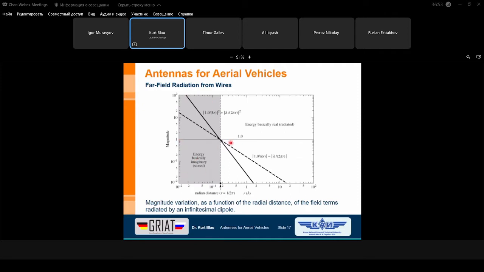This is the gray part, and the white part is more or less identical with the far field behavior. You can see here it's only this part of the formula which is coupled with the distance r. Here we have it squared, and here it's linear. This is the difference in the formula. And then you can see here it's crossing at the point 1.